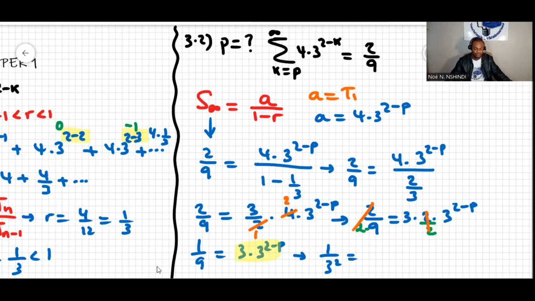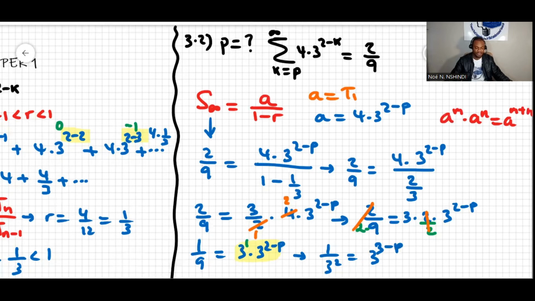We can apply this law of exponents. The law of exponents here says that if you have a to the power of m times a to the power of n, we're going to add the exponents. We're going to combine the two by adding them. So this will be 3 to the power of, because this one has an invisible exponent of 1, this is going to be 3 minus p.